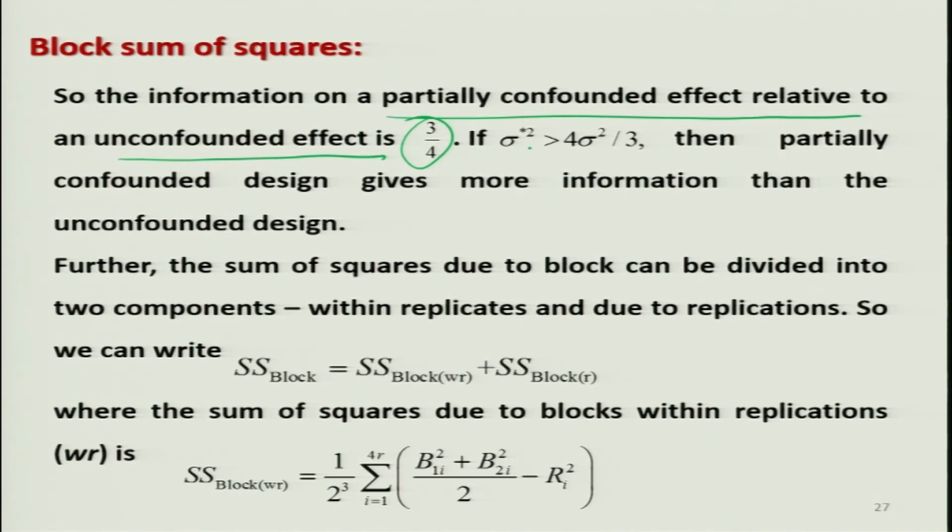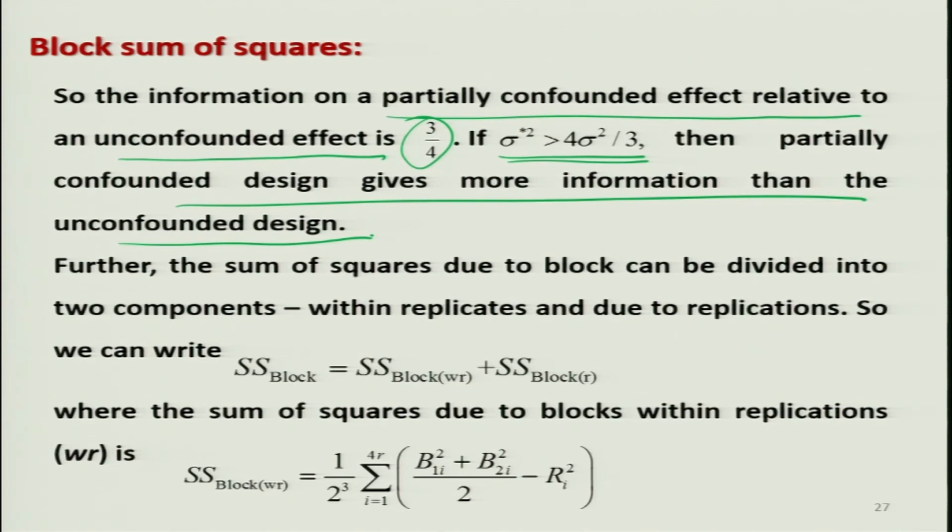So, obviously, if sigma star square is greater than 4 sigma square upon 3, then the partially confounded design gives more information than the unconfounded design. Well, the statement I just made about the 3/4 information being retrieved assumes that both the setups have the same variability, right.